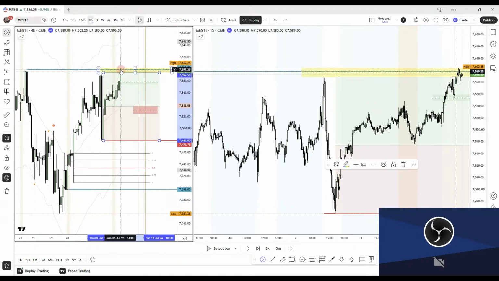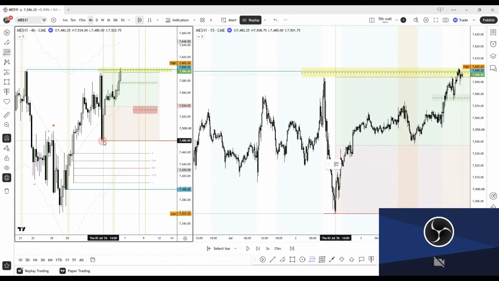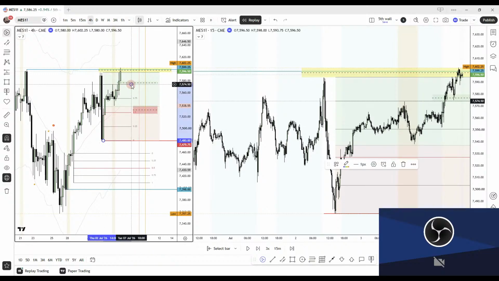It broke above. So this is internal range here. They got this bullish fair value gap. Bullish fair value gap here. Price traded into it. So that's internal range, right? Because it's inside. Technically, it's inside of 2 ranges. It's this range and also prior to the pullback is also inside of this range as well.